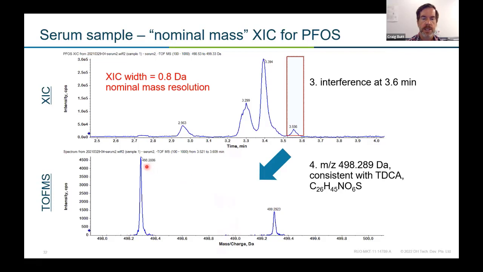It's really something at 498.29 or 289. And when we look at the formula associated with that, it is consistent with this 𝗏 acid compound.